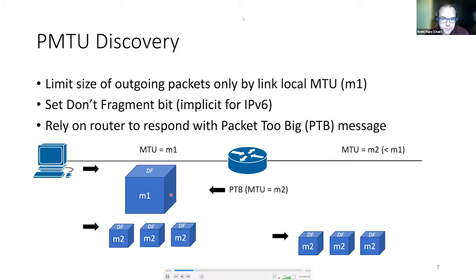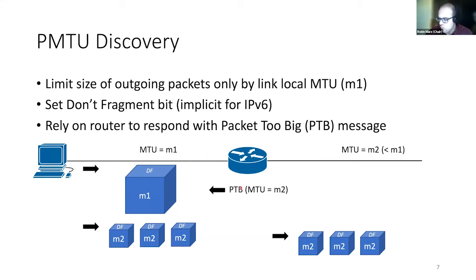How can we discover the PMTU? The classic way is to initially limit the size of outgoing packets by the link local MTU, M1, and to set the don't fragment bit in all outgoing packets, which is implicit for IPv6 packets.